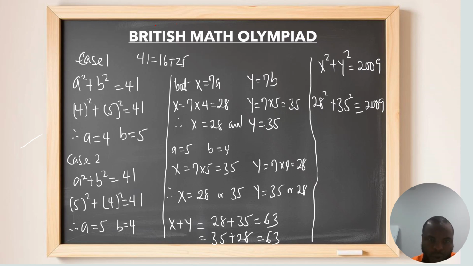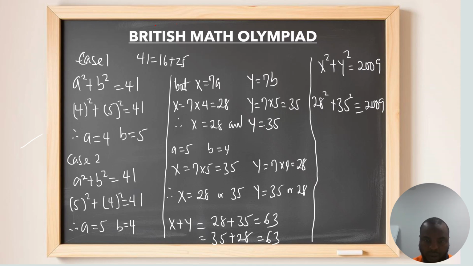Here, we can argue, why do we have it in this form? Don't forget that it has been stated from the beginning that x and y are positive integers. That is why we can't assume other values for x and y. Our values remain positive, and we only consider integer values.